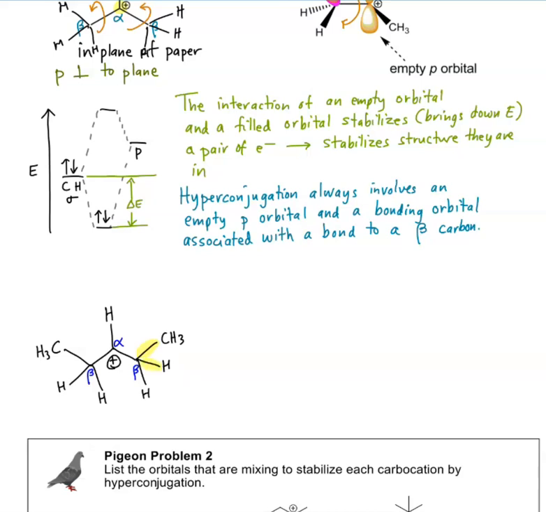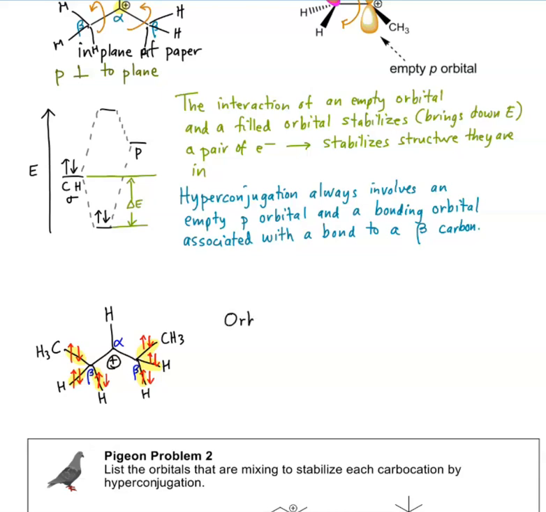And then each of these bonds is going to be associated with a bonding orbital and an anti-bonding orbital. So for example, over here, there's a CC bonding orbital, as well as a CH and another CH. And then we have the same situation on the right-hand side.